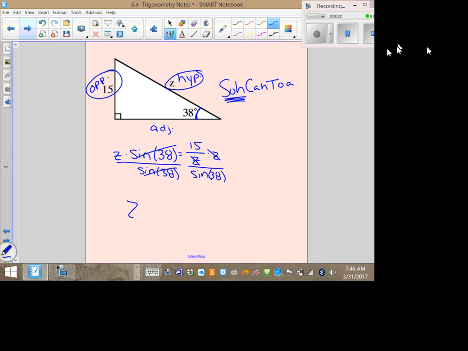So I'm going to get that z equals 15 divided by the sine of 38. If I type that in, I'm going to get 24.36. So that's the length of my hypotenuse.